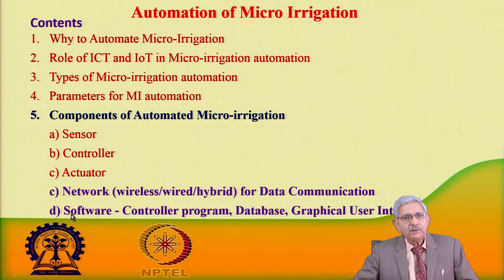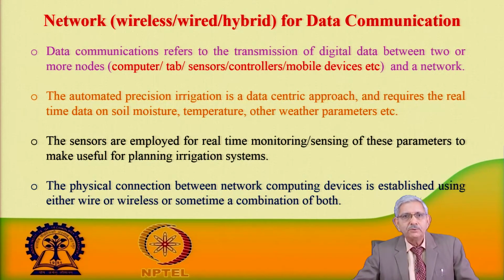As I told you, the network could be wireless, wired, or a hybrid of both for data communication, and then software, controller program, database, GUI. This will be the content of this lecture. So, I am starting now.